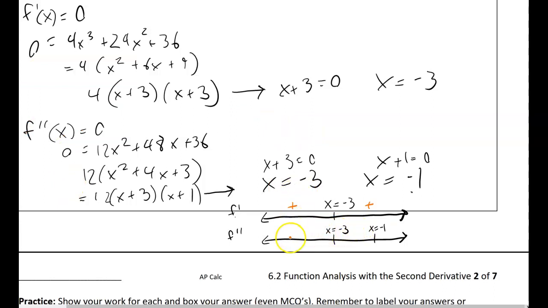When I plug in a negative 4 into my second derivative, and I'm looking at the factored form, I get negative times a negative is positive times another positive is positive. In the middle now, say I'm plugging in negative 2. That would be 12 times a positive is a positive times a negative 1 would be negative here. And when I plug in, say 0 would be an easy one, I get positive, positive, positive. So there's my sign chart.